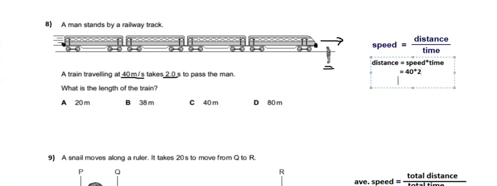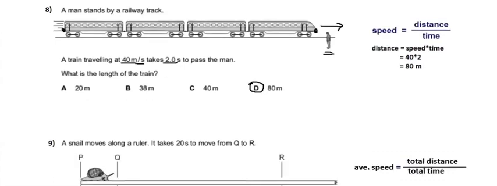So 40 multiplied by 2 is 80 meters. So our answer is 80 meters, and option D is the answer. The distance itself is the length of the train. This is the distance covered while passing these 2 points, the initial point of the train and the final point of the train.